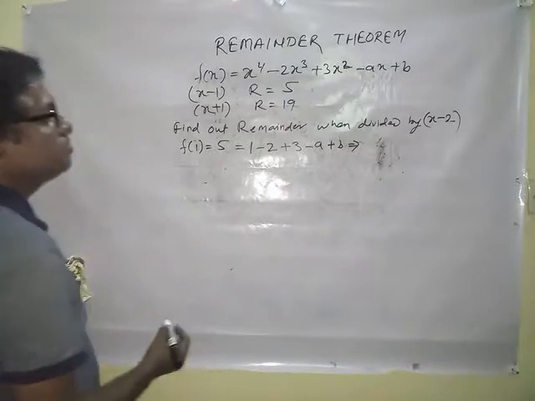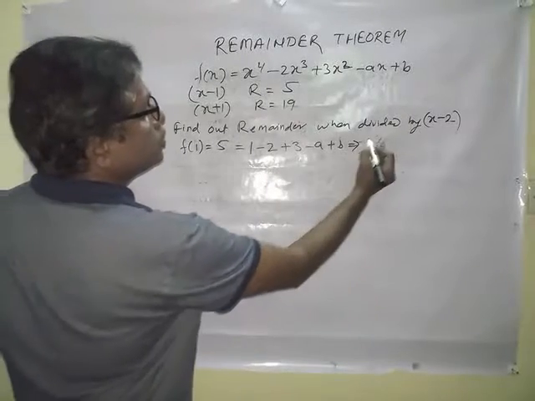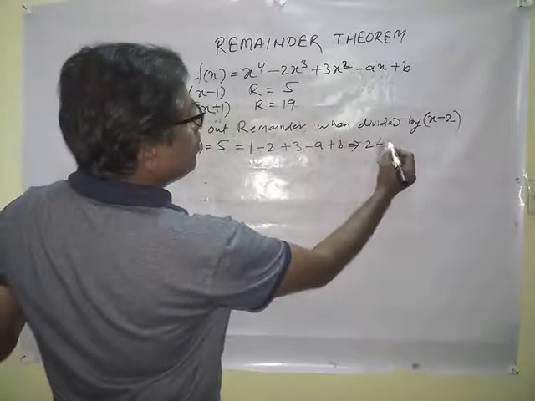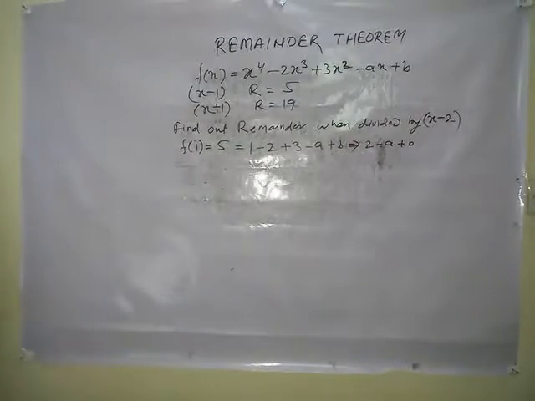So that will become 3 plus 1, 4, minus 2, 2. 2 minus a plus b equal to 5. This is one equation you obtained.